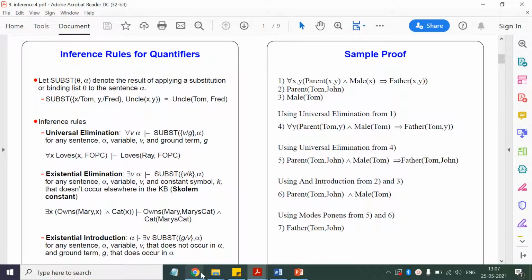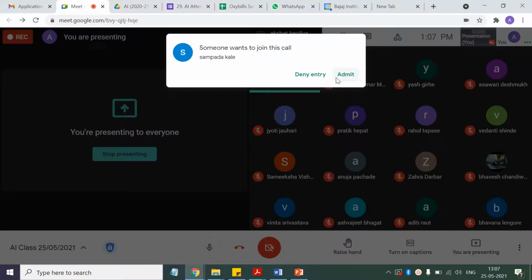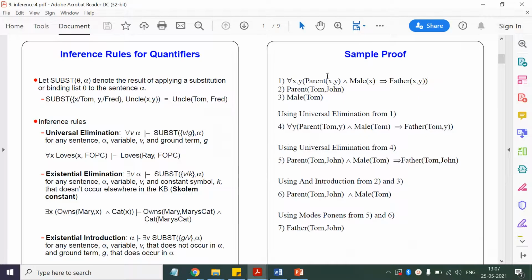So the idea is that we know there were some drawbacks in propositional logic, and with the introduction of concepts like quantifiers and variables, we tried to overcome those problems. And we know that first order logic is like a superset of propositional logic, right? And we have very strong inference rules for propositional logic.